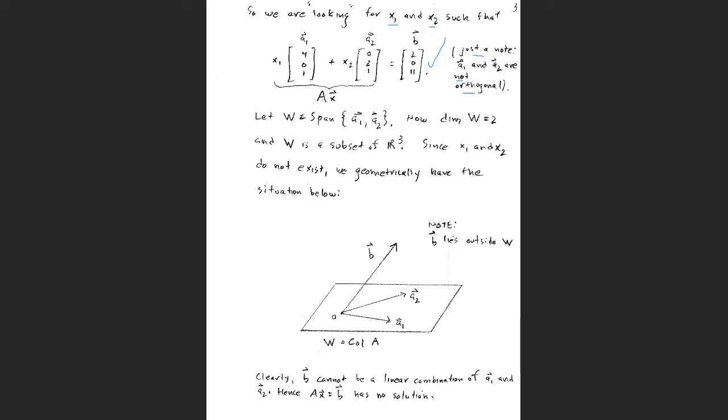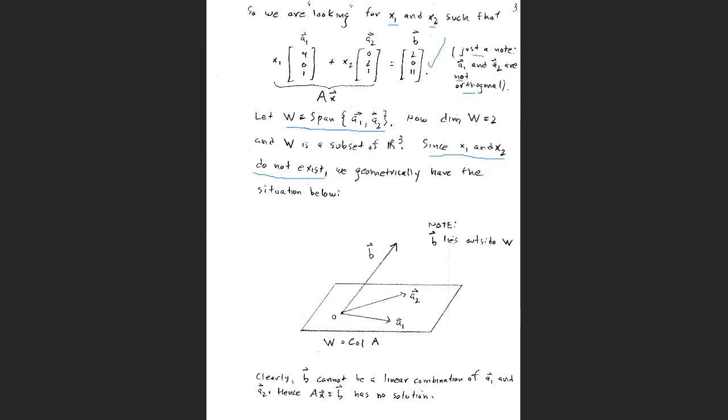Now here's what we're going to do. What does it mean that x1 and x2 do not exist? In other words, there's no solution for x1 and x2. Let's look at it geometrically. What we're going to do is let W be the span of the column vectors A1, A2.